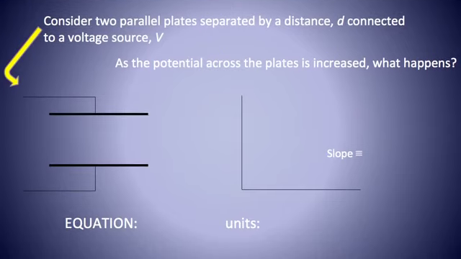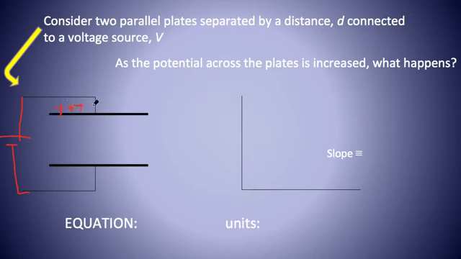Okay, so we're going to look at it in terms of parallel plates, something we've looked at before. The diagram on the left shows two parallel plates that are going to be eventually hooked up to a voltage source. Let's draw in a voltage source right here. Let's say we have a positive terminal and a negative terminal, and we connect it up. What the voltage source will do, in essence, is draw positives from the positive terminal.